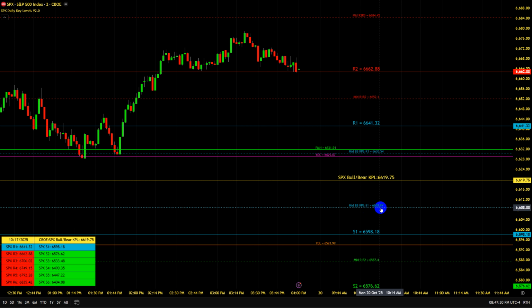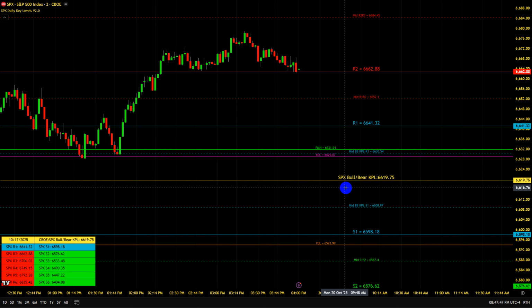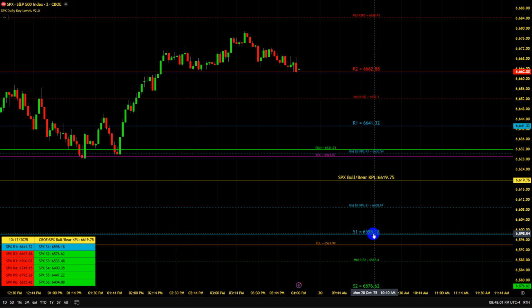The closest strike to that is going to be the 66.10, so the 66.10 put would be your first out of the money option that you could consider for a bearish play if you didn't want to use the at the money. The second one would be the strike closest to one level below, and that would be this level here, 65.98.18. What is the closest strike to that? 6,600. So that would be the 6,600 put.